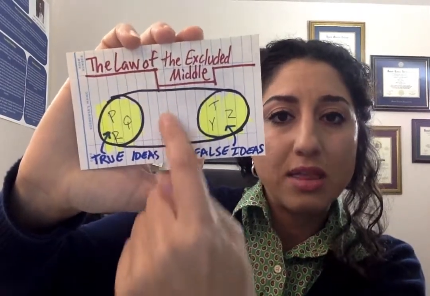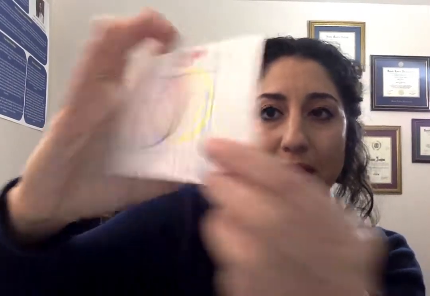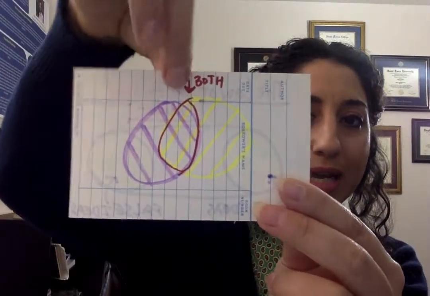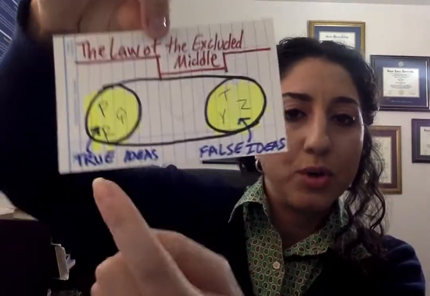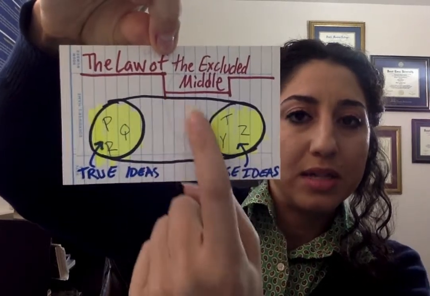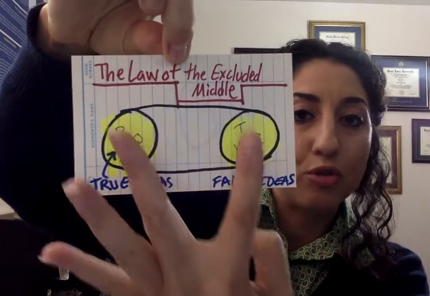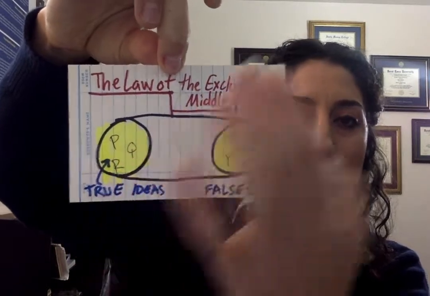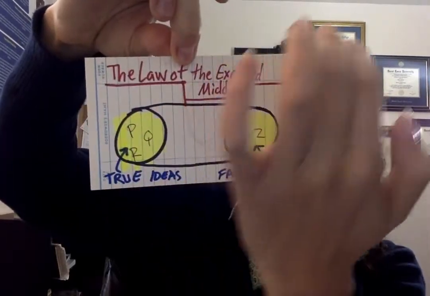So notice there's nothing in the middle that is both on one hand and on the other. You have true propositions and false propositions. There is no proposition which is both true and false. There's also nothing outside of there, so there's nothing that's neither true nor false.